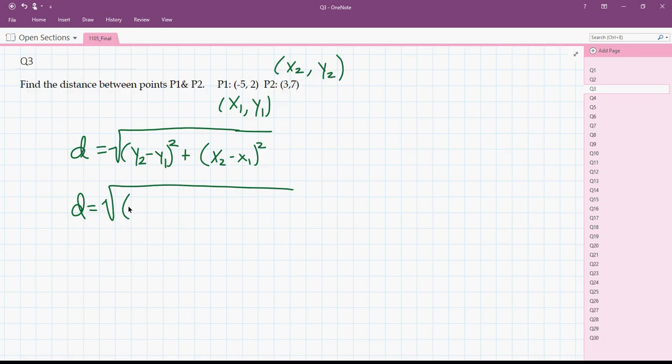So y2 is equal to 7, y1 is equal to 2 squared, plus x2 is equal to 3. And just be careful with the subtracting negatives. So here we have minus -5, which eventually will become a positive.